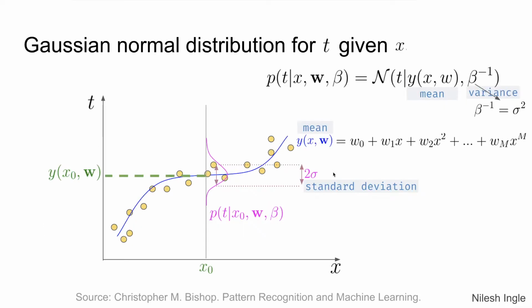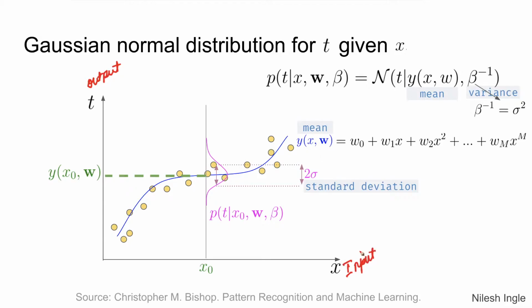Before we get into that, I just want to point out a couple of things as shown in this particular plot. On the y-axis we have the values t, which are the target values, or the output, and on the x-axis we have the input values, which are the x's.